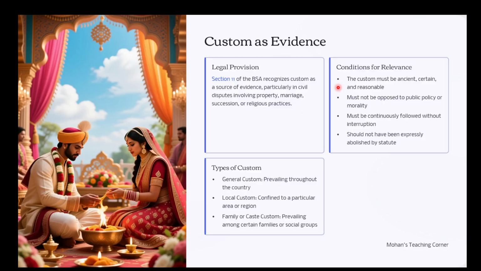Let us discuss the types of customs. General custom is prevailing throughout the country. Local custom is confined to a particular area or region. Family or caste custom is prevailing among certain families or social groups.